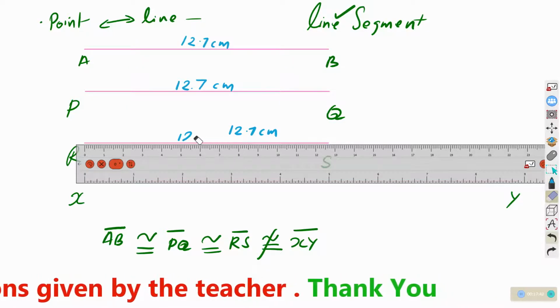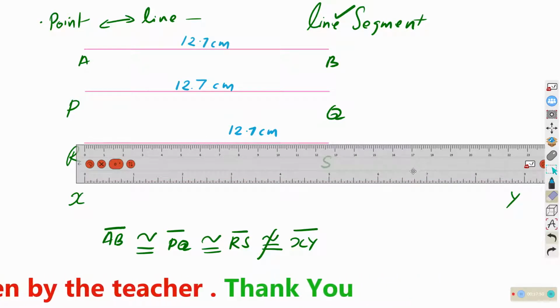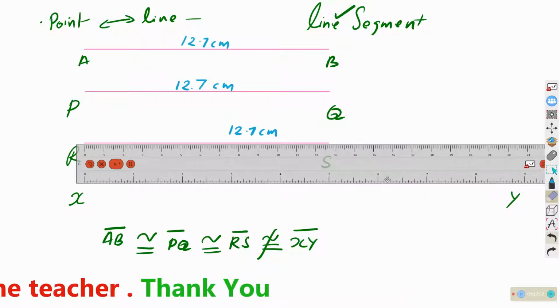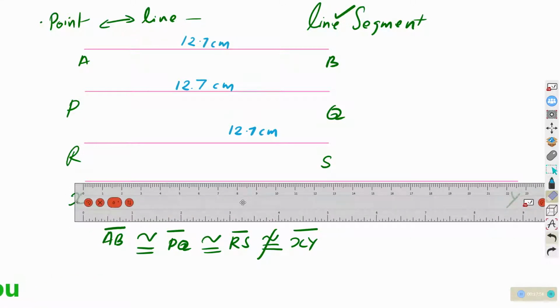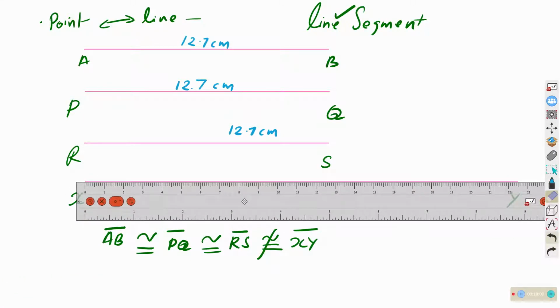Remove this. This is not required. So all these are 12.7 centimeter, but if I move the scale to line segment XY, I came to know that it is 22.5 centimeter. Understood?